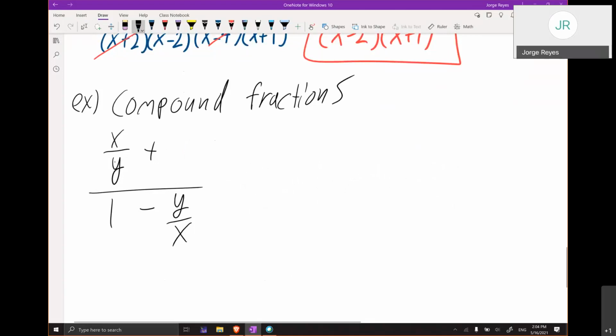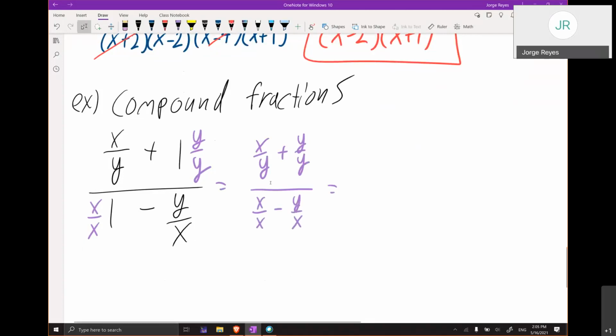You can multiply by y divided by y here, and you can multiply by x divided by x there. So that's going to equal x plus y over y, and x over x minus y over x. So you found the least common denominator, and now you're going to add them. So x plus y divided by y, and x minus y divided by x.